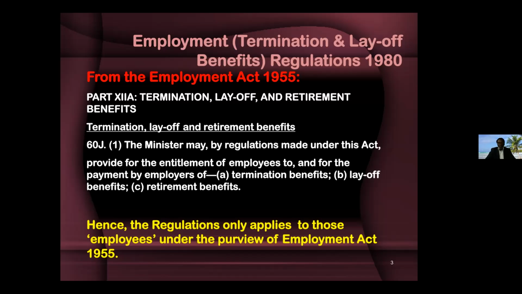The Employment Termination and Layoff Benefits Regulations are provided for under the Employment Act 1955. So the second thing we have to bear in mind is that these regulations only apply to those who are employees under the purview of the Employment Act 1955. For those employees who do not belong to the purview of the Employment Act 1955, these benefits regulations do not apply.